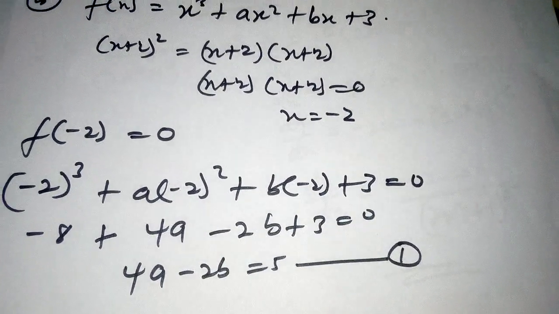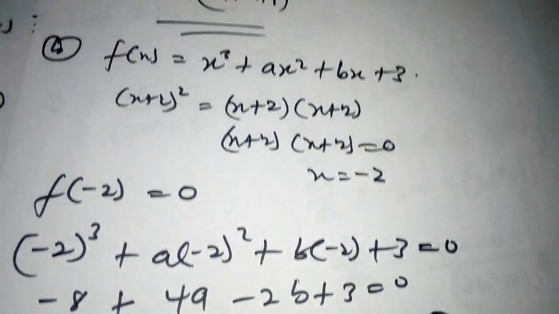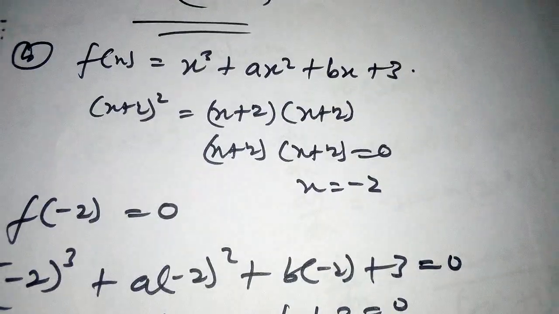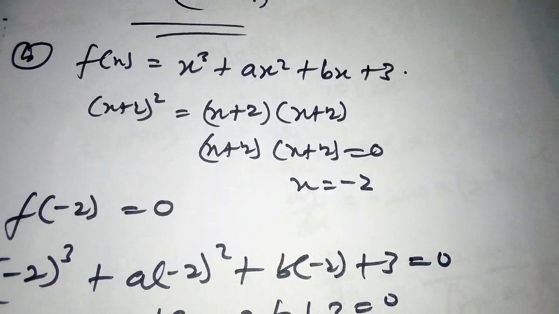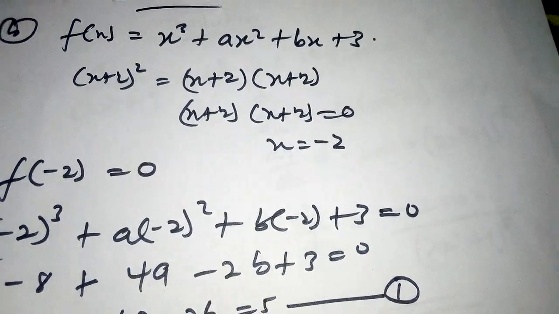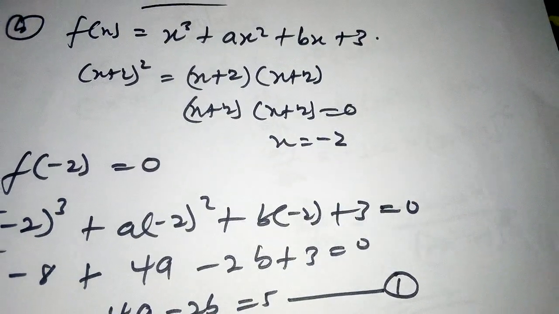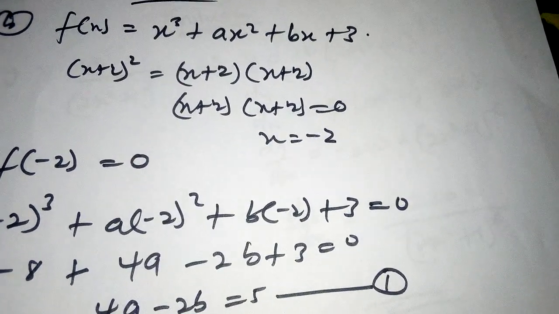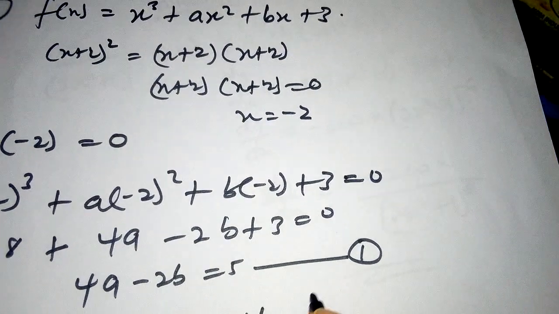If I simplify, I get 4a minus 2b equals 5. That is equation 1. Now if I find the derivative of this function, f prime of x is equal to 3x squared plus 2ax plus b.